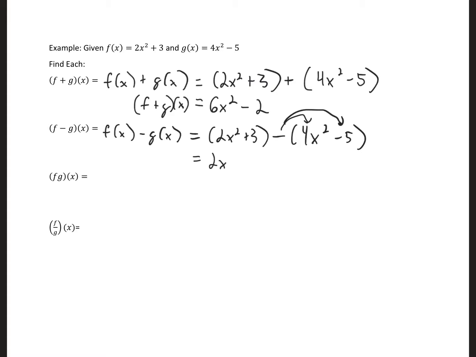So really I'm going to have 2x squared plus 3 minus 4x squared plus 5. So 2x squared plus 3 minus 4x squared plus 5 would be negative 2x squared plus 8. This would be my f minus g of x function.